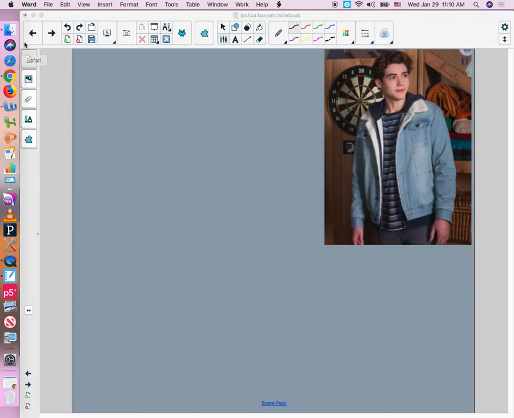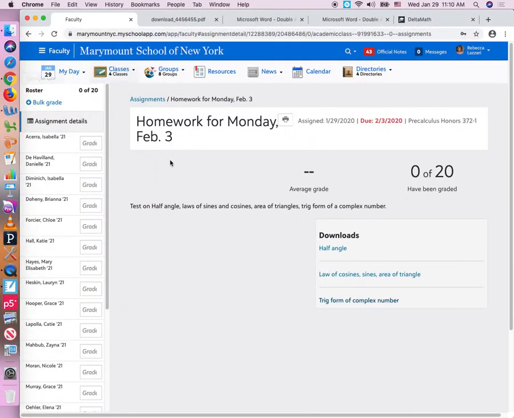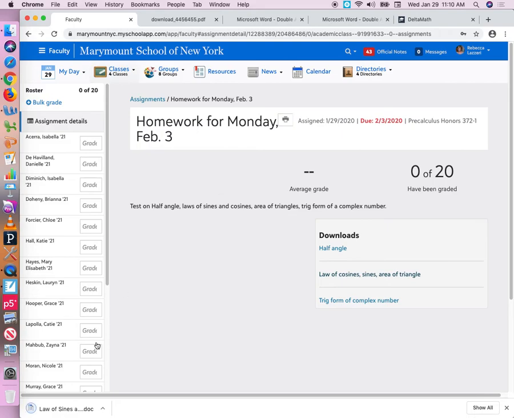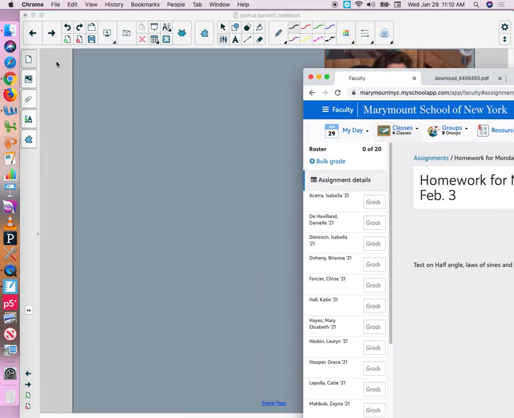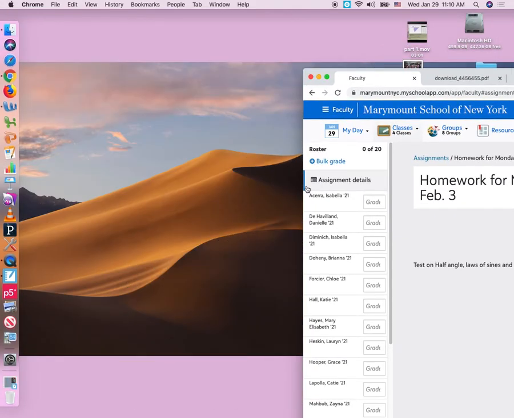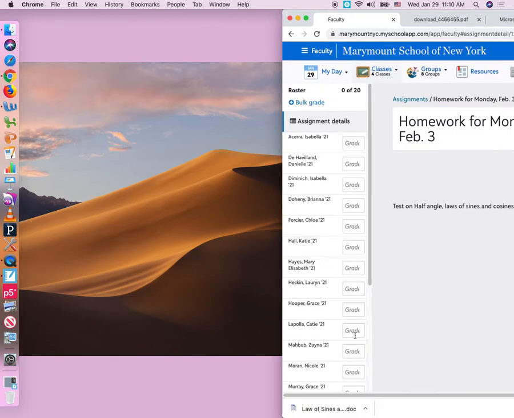Let me try that. Okay. Grace, I got it here, and then I put it on my desktop, and then I right click it and open with Pages. Oh, look how tiny that is.